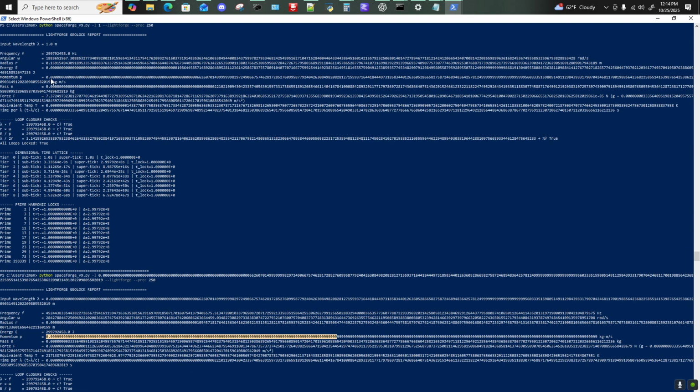Because here momentum is Planck's constant and wavelength is 1. So when you take Planck's constant and swap it with wavelength, you get 1 for momentum, and frequency becomes energy.